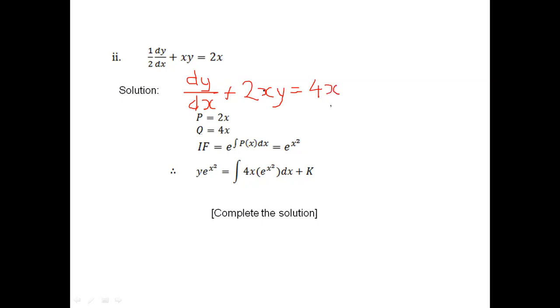Okay, so we got this equation simply by multiplying throughout by 2.